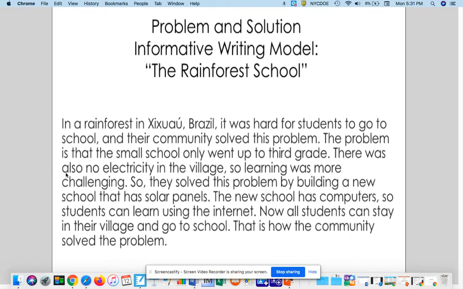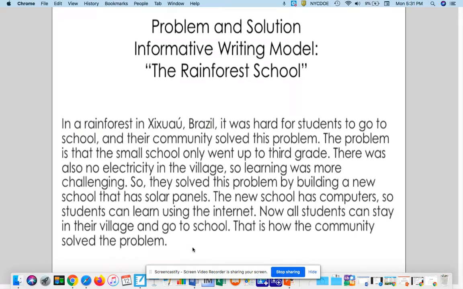There was no electricity in the village, so learning was more challenging. So they solved this problem by building a new school that has solar panels. The new school has computers, so students can learn using the internet. Now, all students can stay in their village and go to school. That is how the community solved their problem.